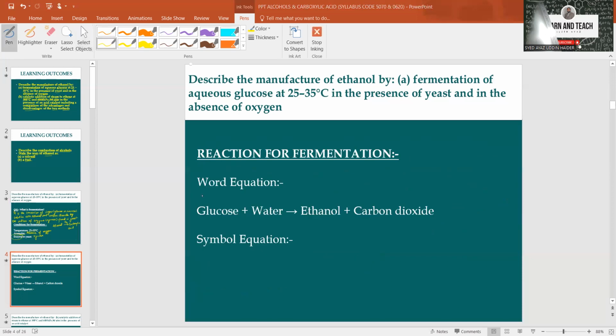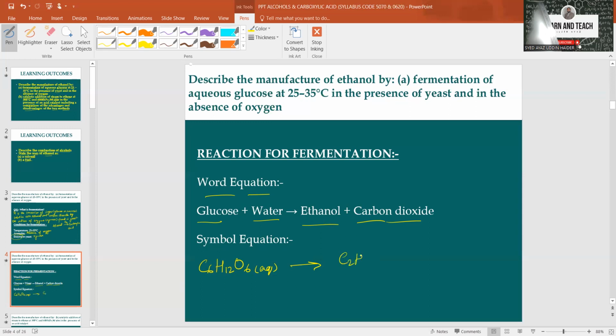Now here's a word equation for the fermentation. Glucose plus water gives ethanol plus carbon dioxide. So simple equation will be C6H12O6, I will write aqueous. Aqueous means it's dissolved in water.